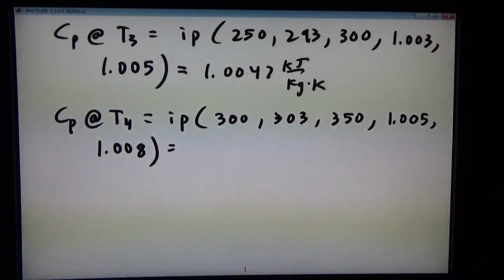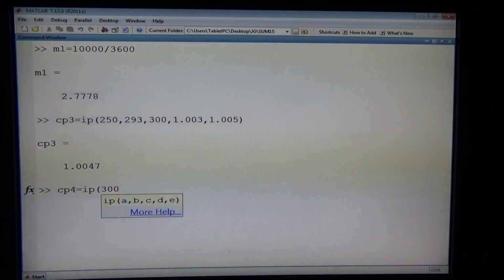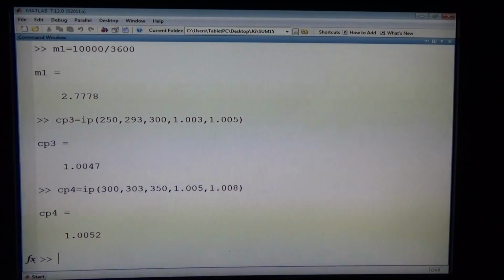At T4, we have 300, 303, 350, 1.005, 1.008. So we end up with 1.0052.